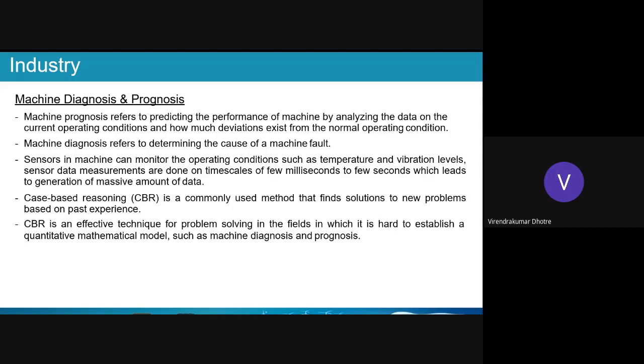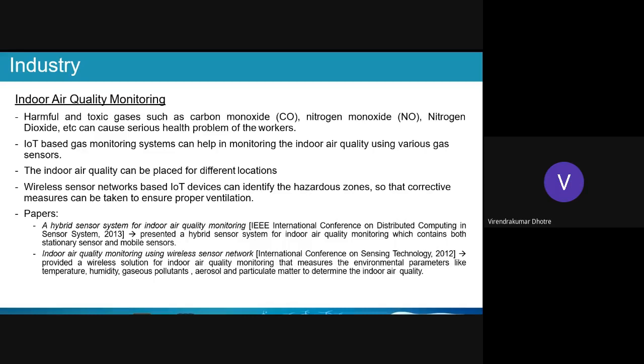But we can determine that, and we can find solutions to the different machine faults, and those are again based on prognosis. So machine diagnosis and prognosis we can do using IoT, using different sensors, maybe temperature or vibration levels.